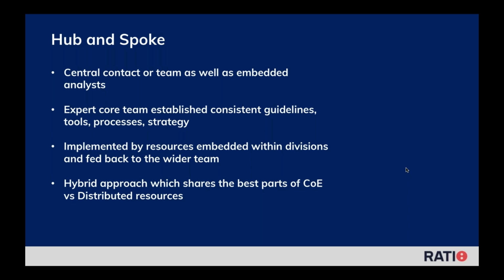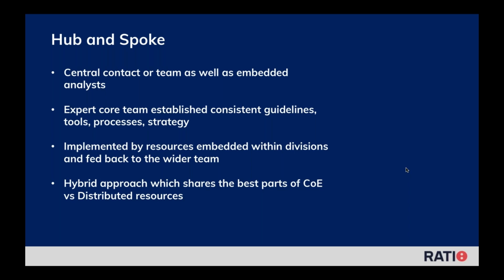But then there's also resources within the teams that could leverage experimentation, like the product teams, who are staying close to the ground there, so to speak, in terms of what needs to happen on a more granular level. And so this is a hybrid approach which shares the best parts of both the Center of Excellence and distributed resource models.